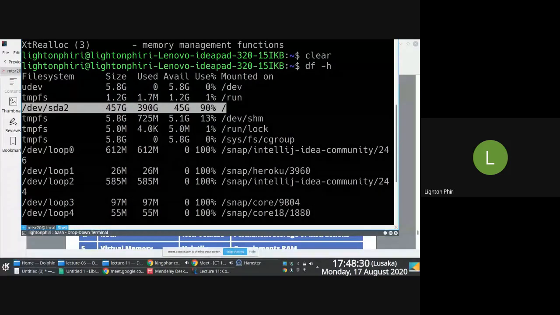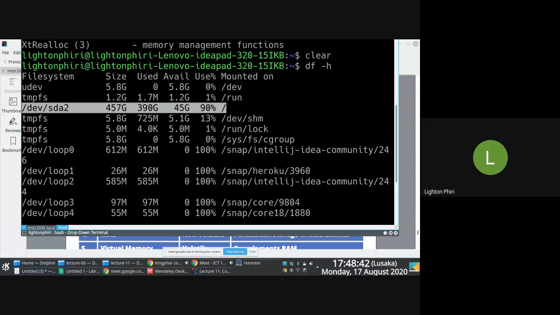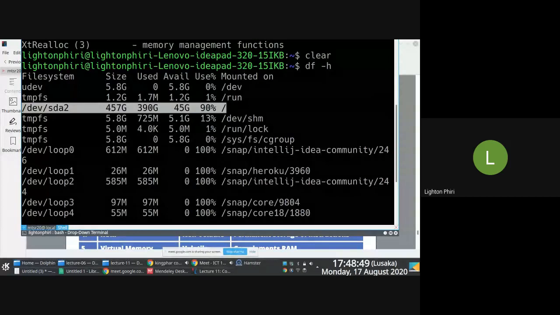For us to be able to run those games, we had to create more virtual memory. But the thing is, your application is extremely slow. The usability of you interacting with that software is actually compromised.